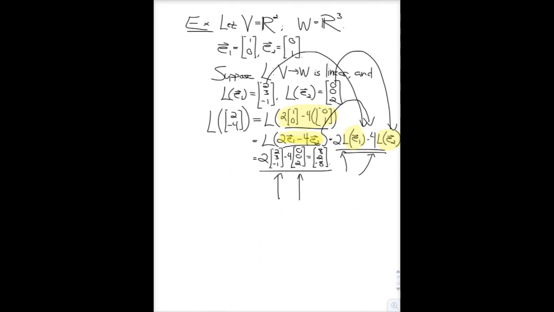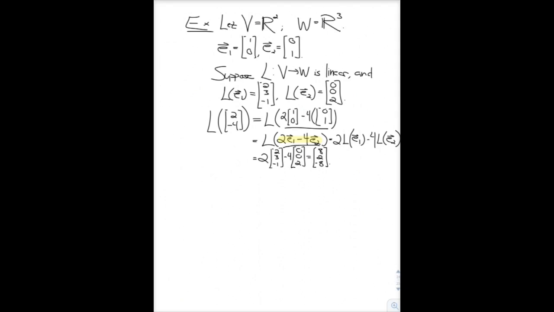And then just make this very quick vector calculation or matrix calculation to obtain (8, 2, -8). So what have I done? Somehow I have been able to reconstruct what L does to this vector (2, -4), even though in the very beginning I was only told what L does to these two natural basis vectors.